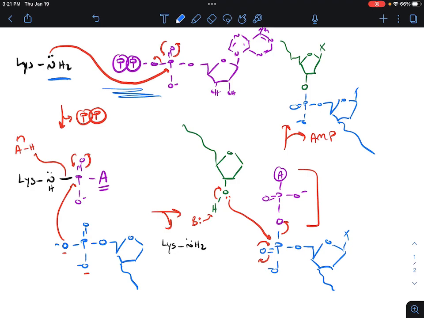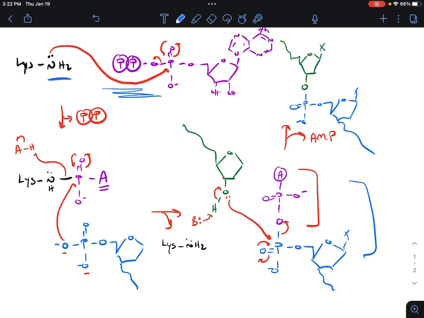We then see the phosphoamidite linkage broken, and it's replaced with a diphosphate linkage with the 5' end of DNA. So AMP is linked to the 5' end of DNA through this diphosphate linkage. That's the second step. In the third step, the 3' hydroxyl comes in and replaces AMP.